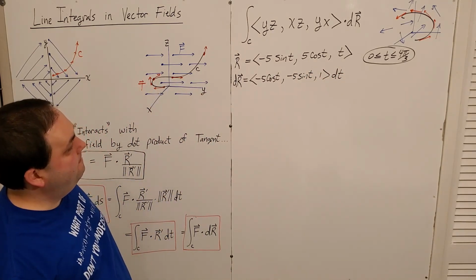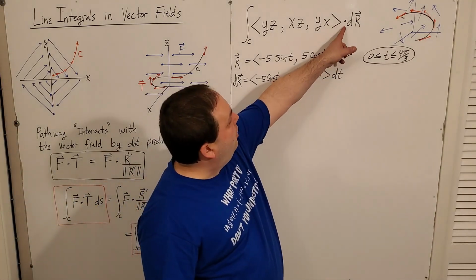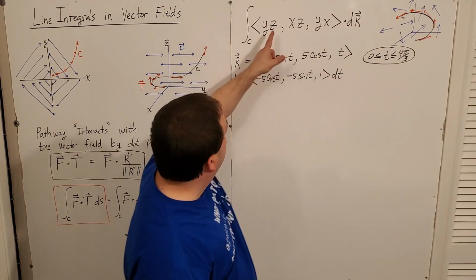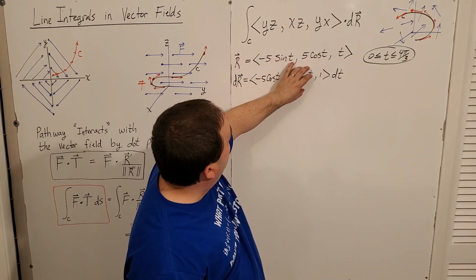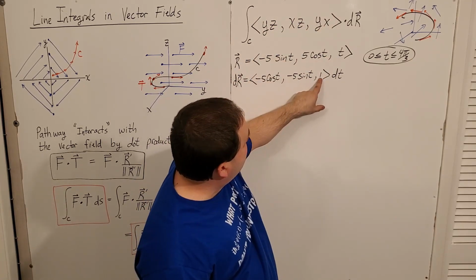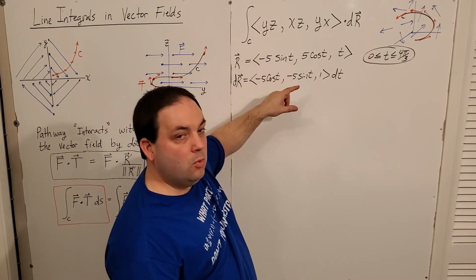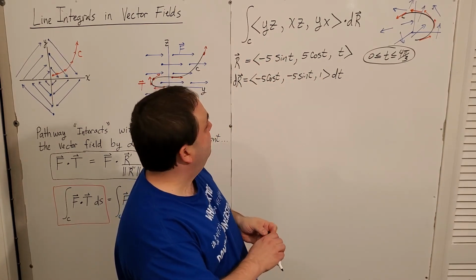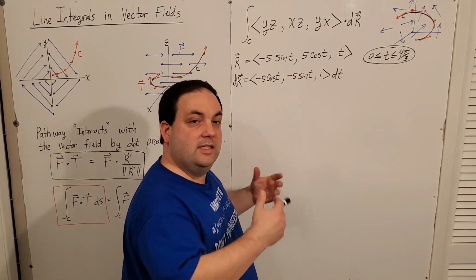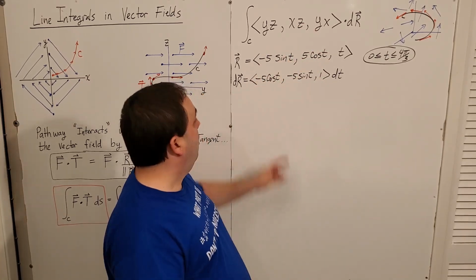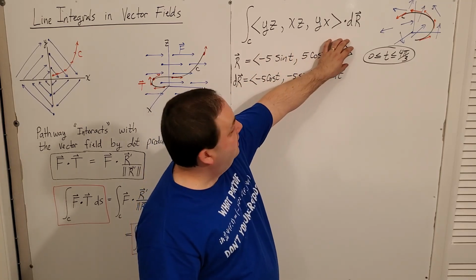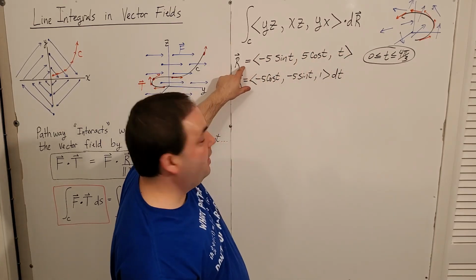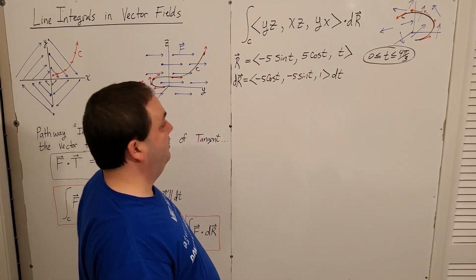And I'm just doing the dot product now of these two things. So I'll do x component with x component, y component with y component, z component with z component. But also, it's been parameterized. Y and z, x and z, y and x, those are all parameterized here. Here's the x, here's the y, here's the z from my curve, the r curve right there.